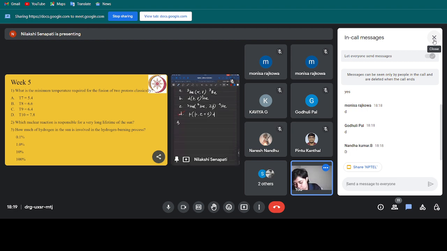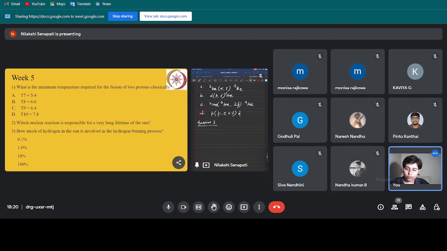Now question 3: how much of the hydrogen in the sun is involved in the hydrogen burning process? This is also an informative question, and it was told in some lecture. The options given are 0.1%, 1.0%, 10%, 100%. Maybe I also talked about this percentage at some point, but I don't remember exactly.